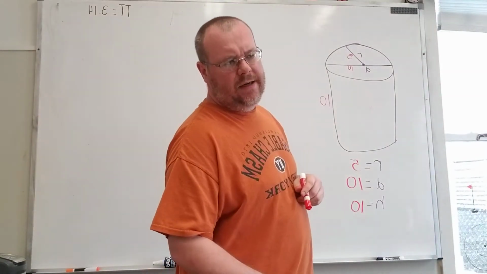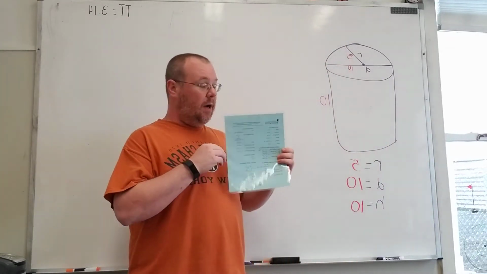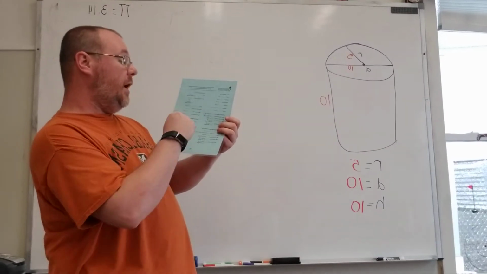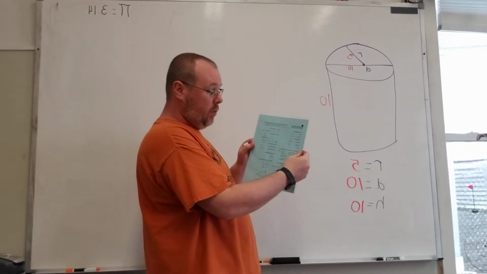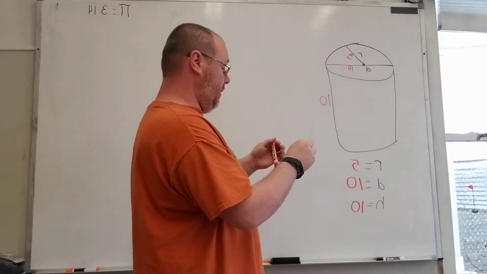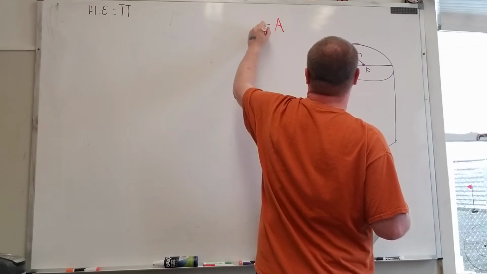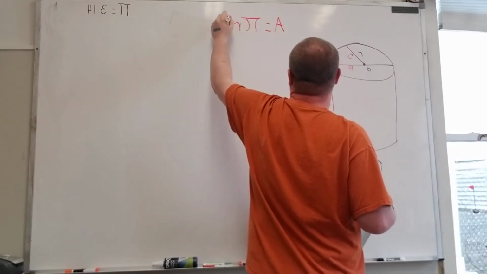How can we find that out? That's right, we're going to take out our MCAS reference sheet. Under area, we see that the formula for a circle is area equals pi r squared. Area equals pi r squared.